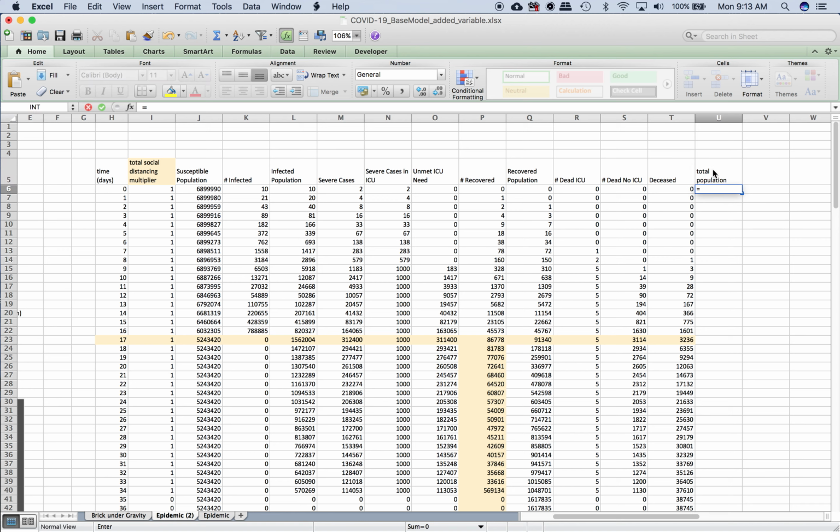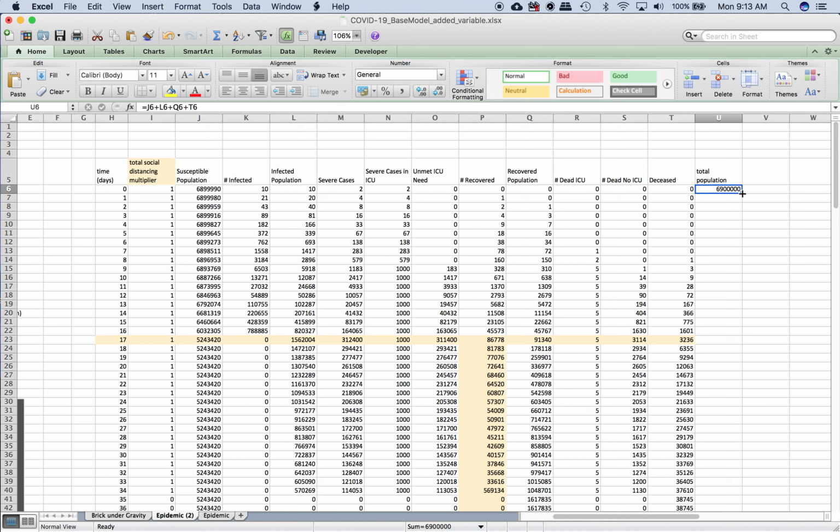The total population is a function of your susceptible population plus your infected population plus your recovered population plus your deceased population. This should always sum to 6.9 million, because someone is in one of those four categories: susceptible, infected, recovered, or deceased.